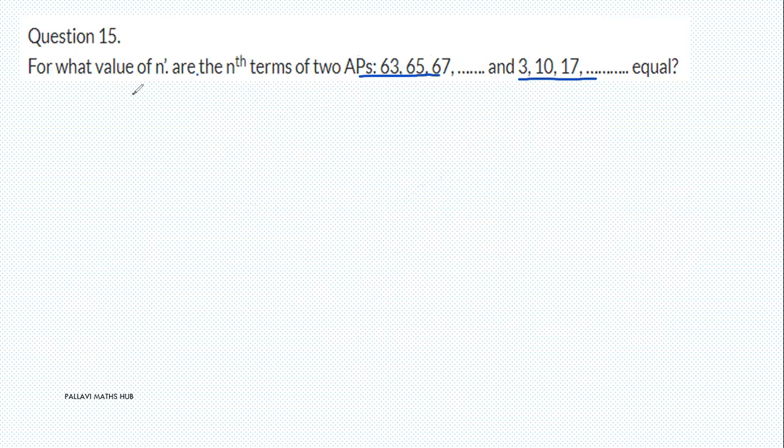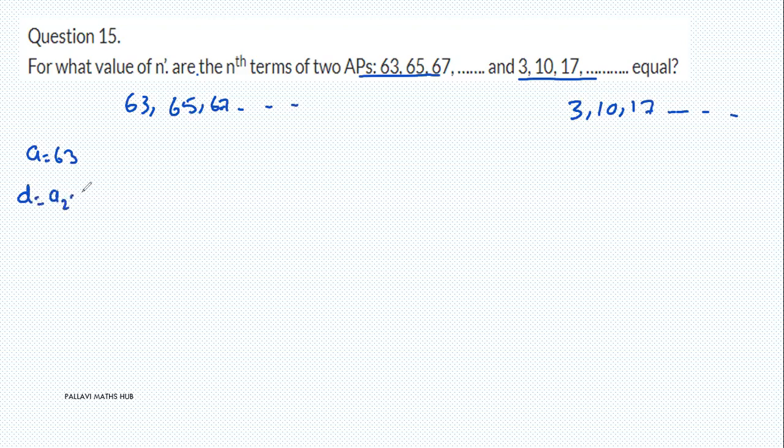So here, first write down 63, 65, 67 continuing. This one is 3, 10, 17 continuing. The value of A here is 63. Common difference, D is equal to A2 minus A1. A2 is 65, 65 minus 63 is equal to 2.